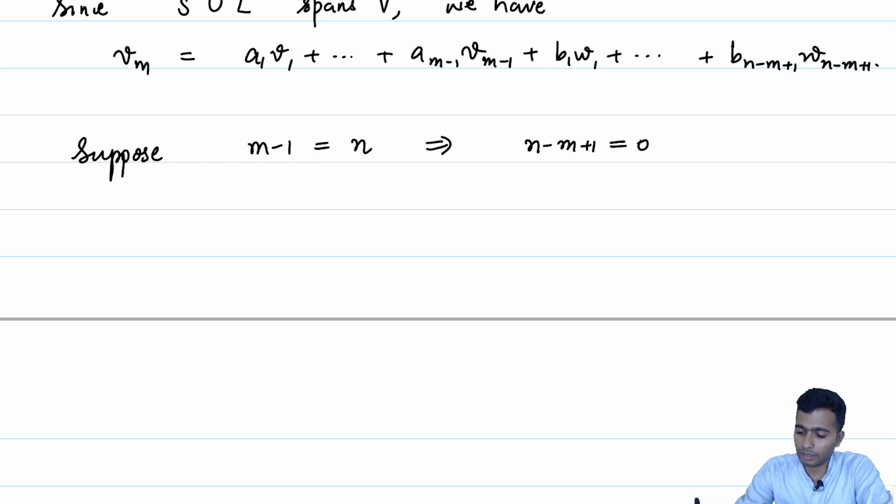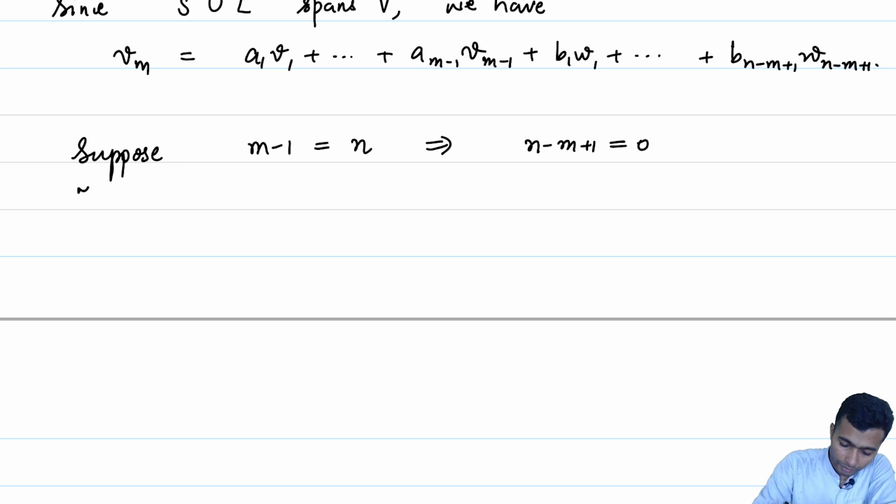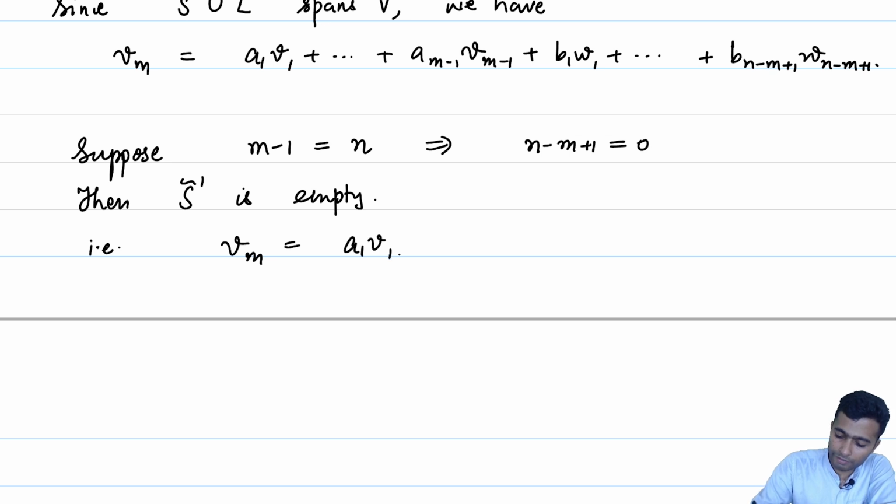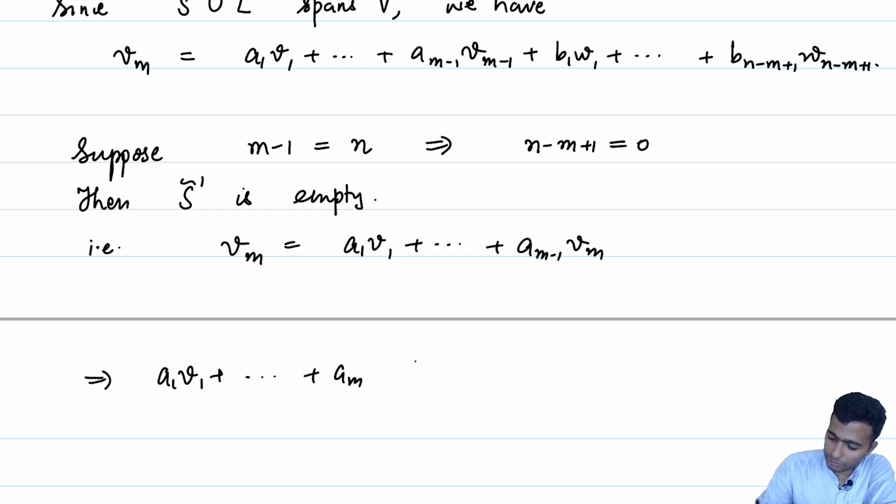That would mean that the set W1, W2 up to W n minus m plus 1, the set S tilde prime, is empty, i.e. Vm is equal to A1 V1 plus dot dot dot up to Am minus 1 Vm minus 1, which would imply that A1 V1 plus dot dot dot plus Am minus 1 Vm minus 1 plus minus 1 times Vm is equal to the 0 vector.